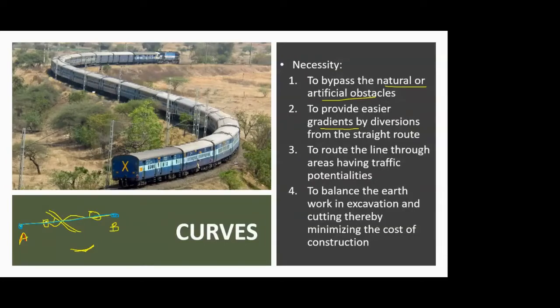So in that case, suppose I have to connect A and B, but I also have a small town C, and the demand over there for a railway station is increasing, or the population is increasing. So in that case, instead of going for an alignment which is straightforward from A to B, you can go for a railway alignment which is going from this town C. So you can go from this side.